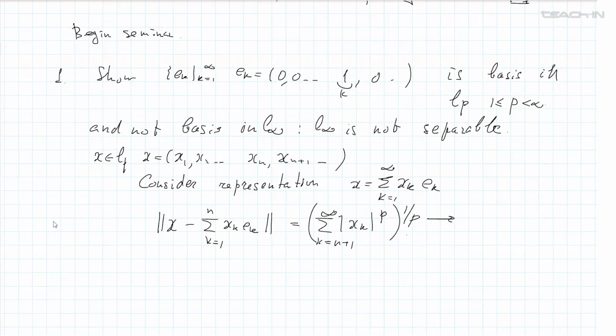And it tends to 0 as n tends to infinity by the definition of L^p, because x lies in L^p. So we have the partial sums tend to x. That's all. And again, repeat, L infinity is not separable, so no basis.